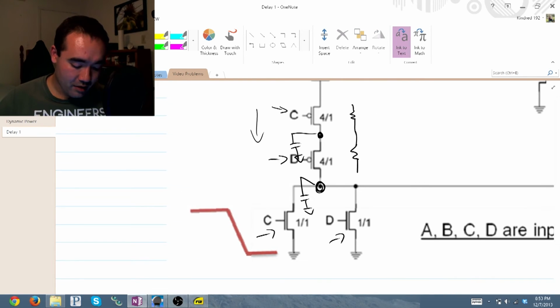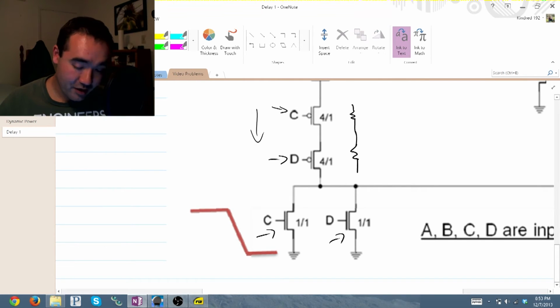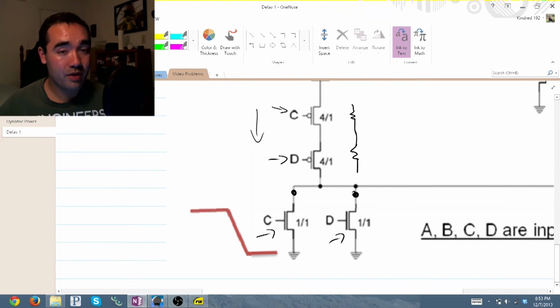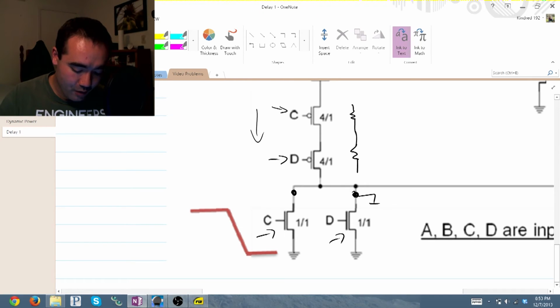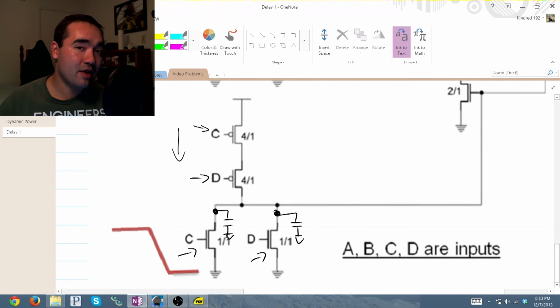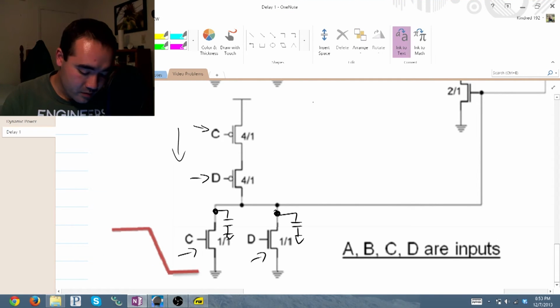The same thing goes with your NMOS side. I'll go ahead and erase these because we're going to redraw it here in a second anyway. These sides of these transistors are closest to your output. They're on your output. Therefore, they get the capacitors.